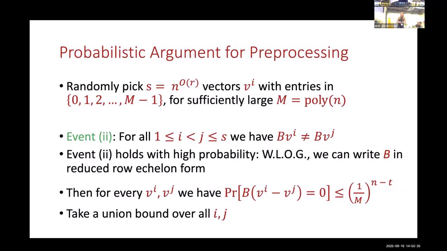And actually, event 2 also holds with high probability. We can see this by writing B in a reduced row echelon form, and then you can check that this probability bound is satisfied. Basically, you need to make this cancellation work exactly. And then you can union bound over all pairs ij. So event 2 is also holding with high probability.